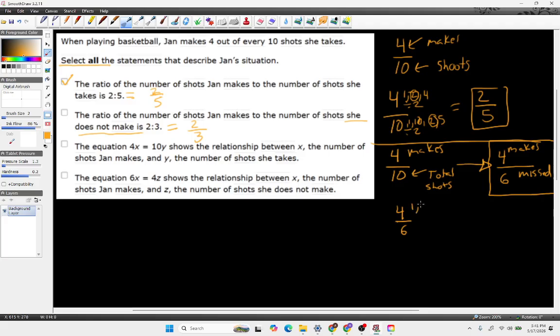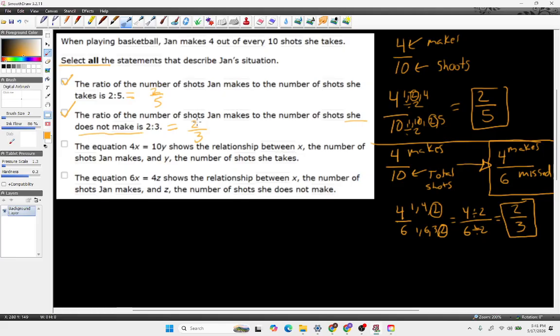Our factors of 4 are 4, 1, and 2. Our factors of 6 are 1, 6, 3, and 2. So we have a greatest common factor of 2 here. 4 divided by 2, 6 divided by 2. We're scaling the fraction down to find a more simple equivalent fraction, which is 2 over 3. And so we see that this actually is correct.